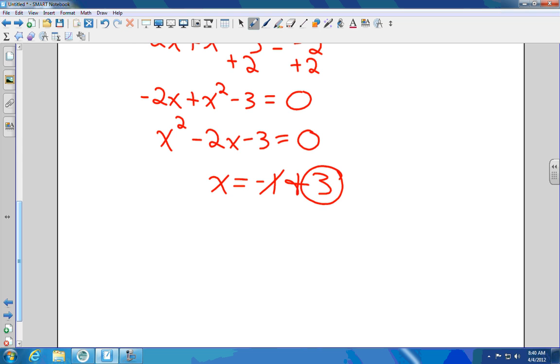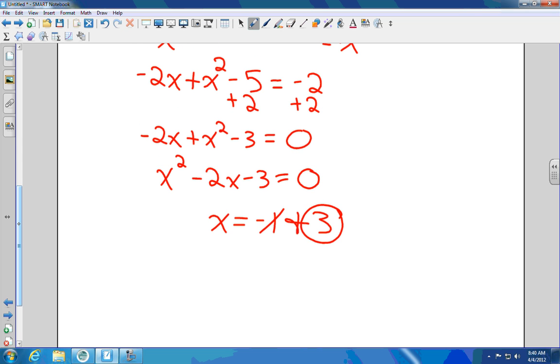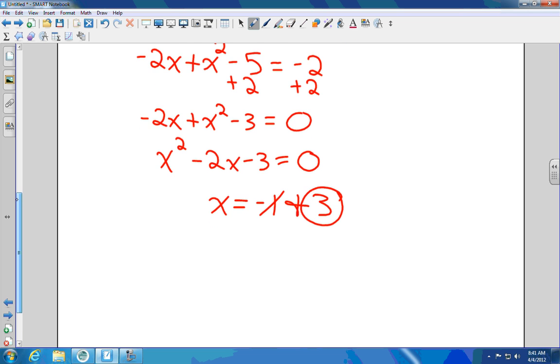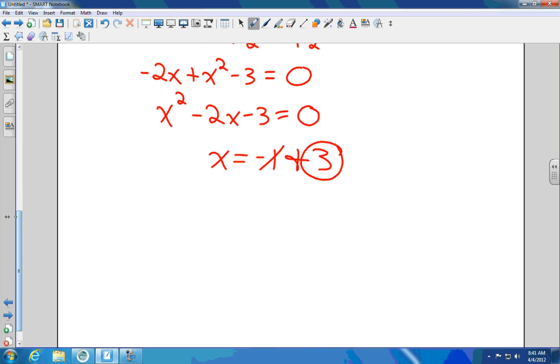Yeah, I don't know what you're asking. x squared minus 3 equals 2x. Okay, so now instead of doing that, add 2x to the other side? And then do what? No, I don't think I could do that.